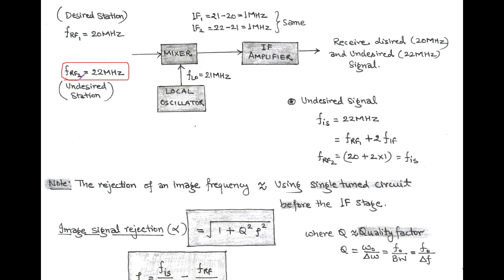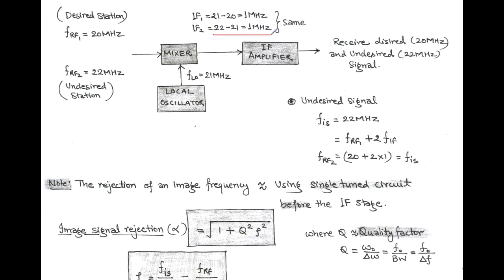So, in the first stage, the intermediate frequency is equal to the local oscillator frequency, that is 21 MHz, minus the radio frequency, that is 20 MHz, and it is equal to 1 MHz. And for the second situation, that is for the undesired station, the intermediate frequency is also equal to 1 MHz, as the intermediate frequency is the difference of the two input signals, that is 22 minus 21, that is 1 MHz.